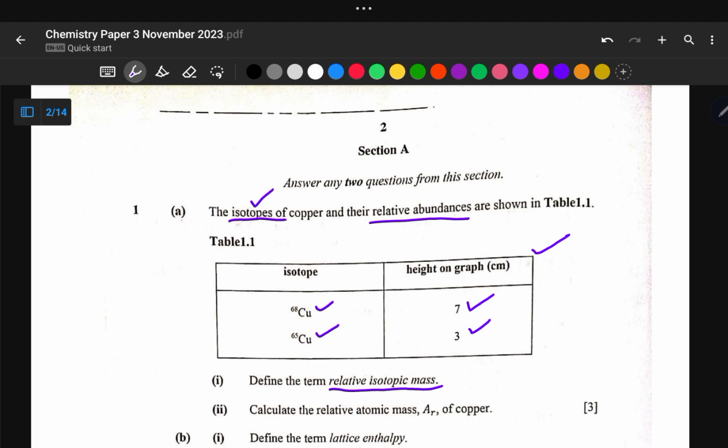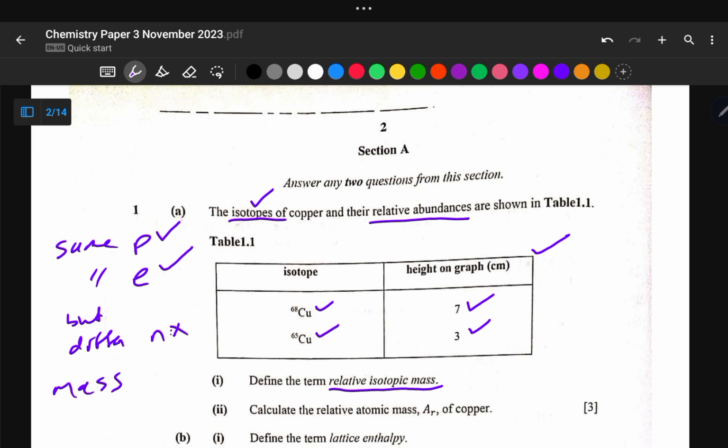Isotopes are defined as atoms of the same element with the same number of protons, same number of electrons, but different number of neutrons. So these subatomic particles, you've got the same protons, same electrons, but different number of neutrons, meaning different mass numbers.